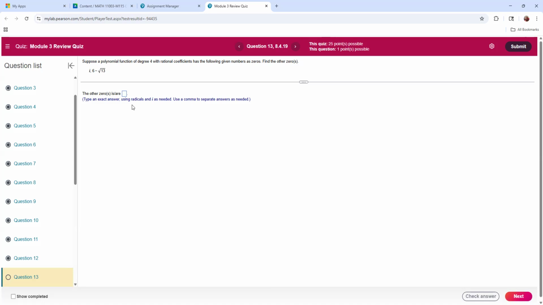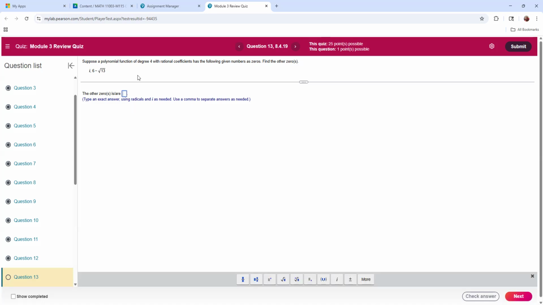Well, we know one thing. The imaginary zeros come in conjugate pairs. So if I is a zero, negative I is also a zero. So put in a negative I, comma. Now, if 6 minus square root of 13 is a zero, that means 6 plus square root of 13 is also a zero.